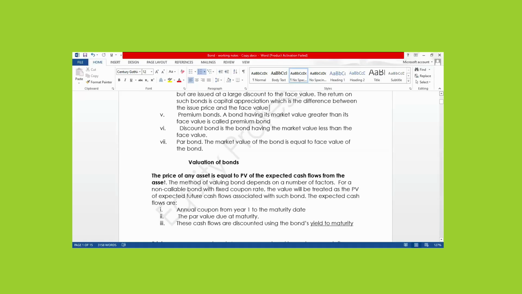In that case, that bond is a discount bond. Par bond.